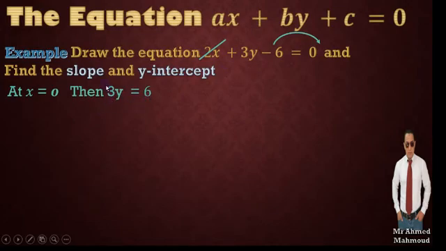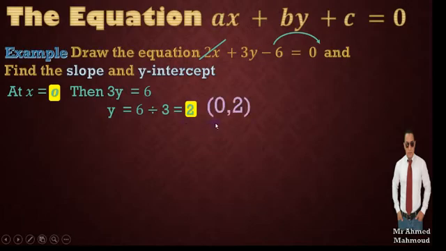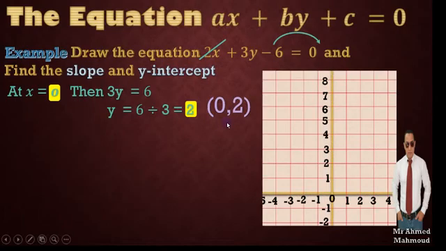So I will send 3 to the other side as a divide, so y equals 6 divided by 3 equals 2. So at x equals 0, y equals 2, I will put 0 and 2 as an ordered pair, and then I represent this ordered pair on the graph at this point. Okay, this is the first step: find the ordered pair at x equals 0, y equals 2.